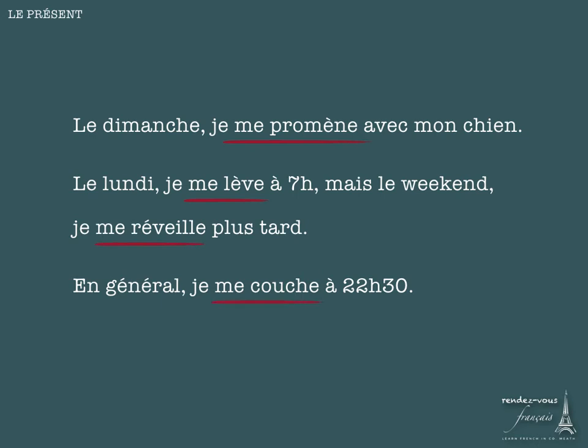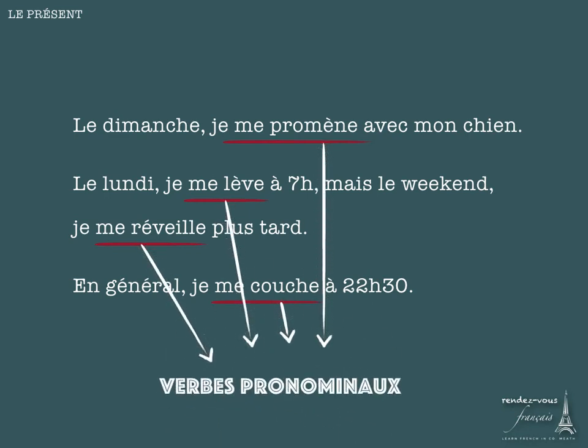They're all called verbes pronominaux, reflexive verbs. Literally, it means I woke myself, I get myself up, I wake myself up, I put myself to bed. So reflexive verbs are used when the action is done on yourself.